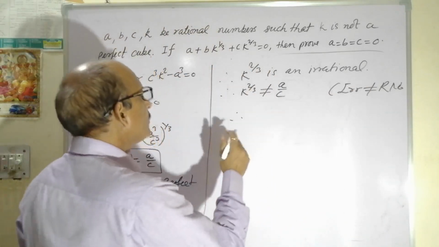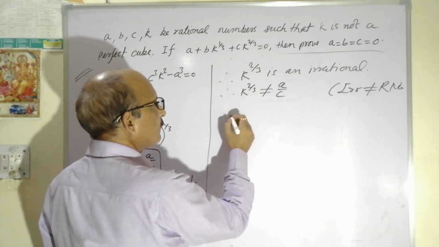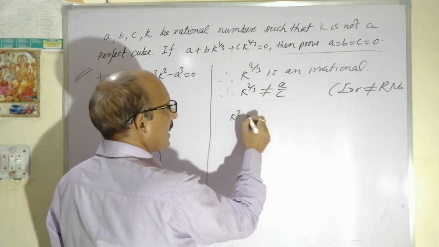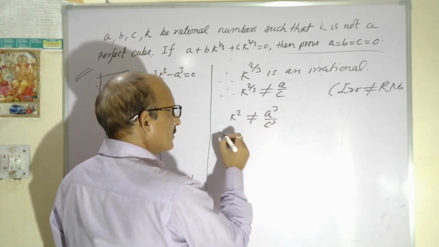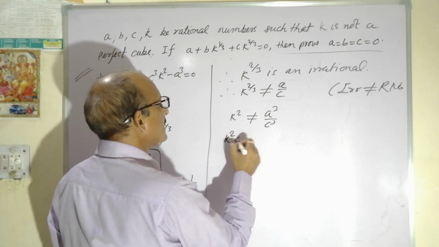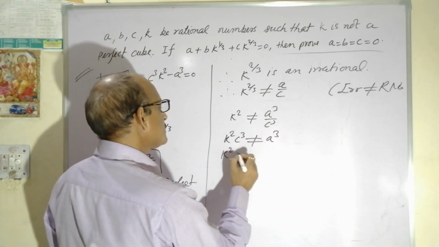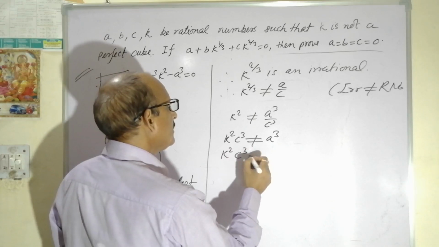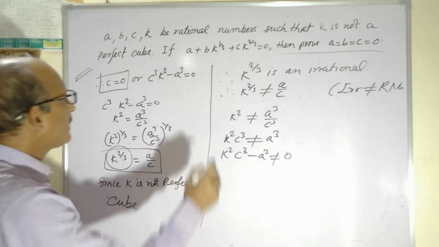Therefore, again we can cube it: k^2 can't be equal to a^3 upon c^3. Therefore k^2 c^3 can't be equal to a^3. It means k^2 c^3 minus a^3 can't be equal to 0. This part is rejected.